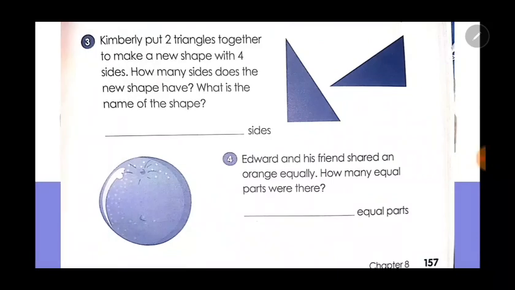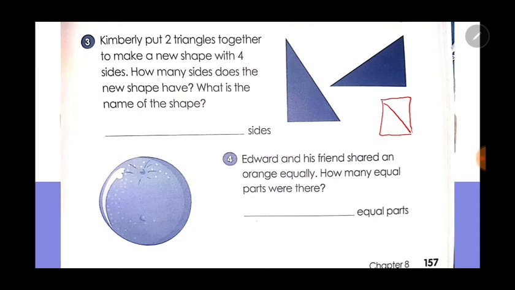Number 3. Kimberly put 2 triangles together to make a new shape with 4 sides. How many sides does the new shape have? What is the name of that shape? Let's bring these 2 triangles. This is the first triangle, and here is the other triangle. What shape do I have?